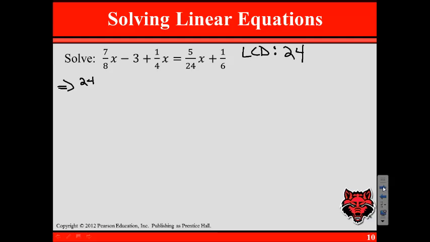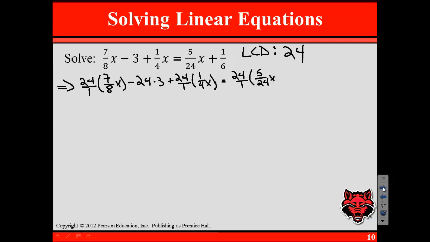24, and anytime I have a fraction, I will rewrite 24 as 24 over 1. So 24 over 1 times 7/8 x minus 24 times 3 plus 24 over 1 times 1/4 x equals 24 over 1 times 5 over 24 x plus 24 over 1 times 1 over 6.